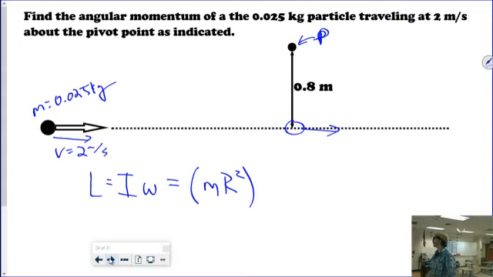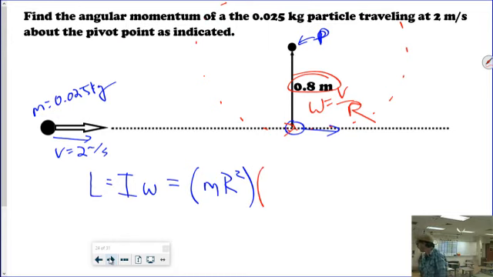We think about what if it was traveling in a circle at this instant, going around in a circle like this. When it got to that point, it would have an angular velocity of v over r, where this is your radius. I should use a capital R again. So I'm going to replace my omega with v over r.